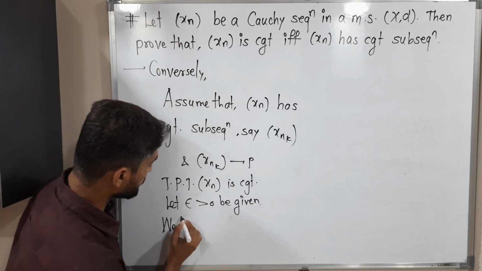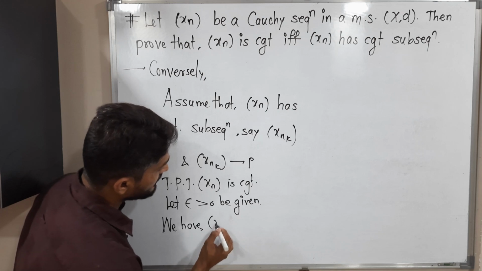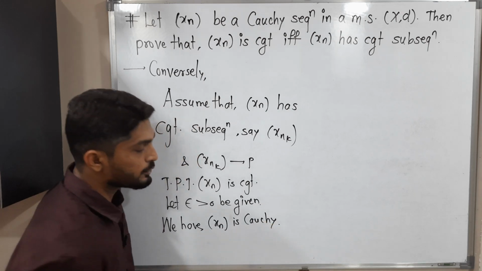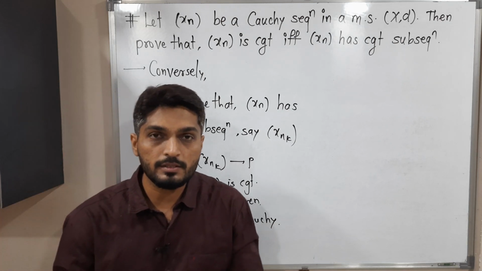We have x_n is Cauchy. So, this is a Cauchy sequence, and we can use the definition of Cauchy sequence. What is the definition?